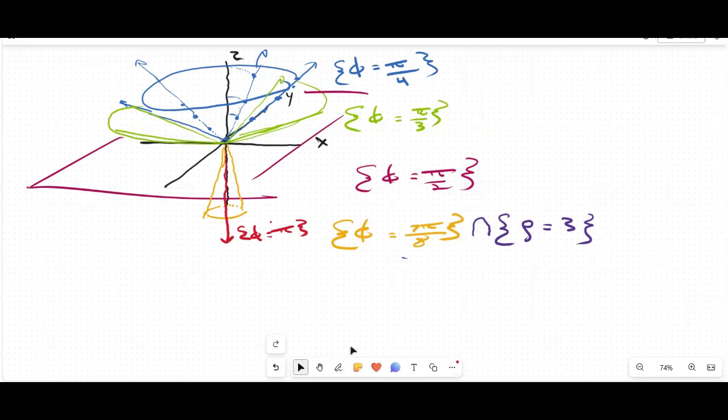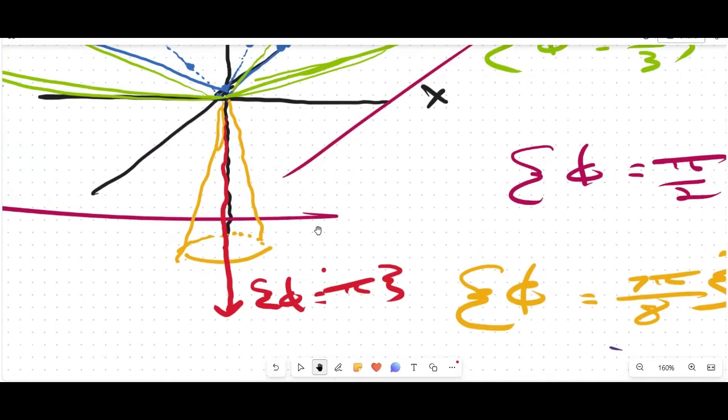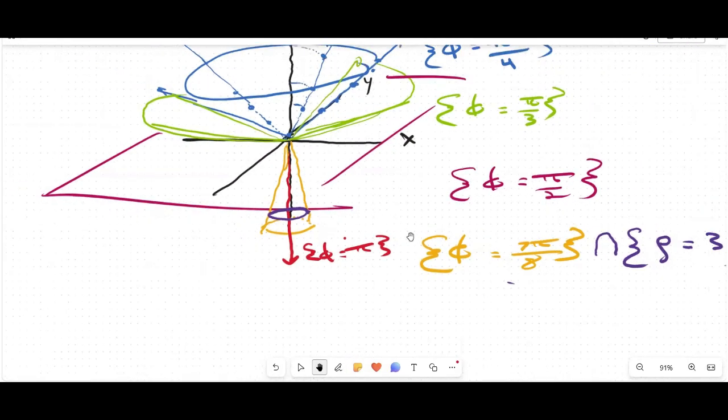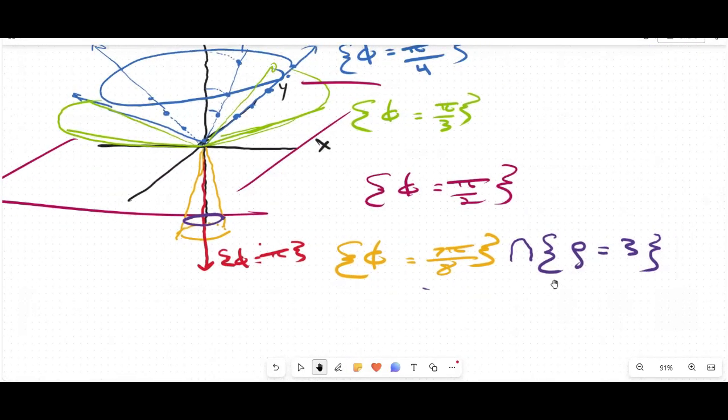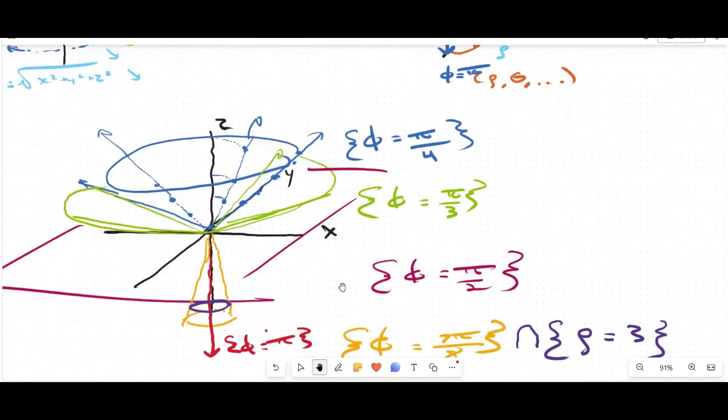But we also want to restrict that cone to only those points for which the distance to the origin is 3. So let's say, for instance, that point right there has a distance of 3 to the origin. There's a whole circle of such points. All the points I just drew right there in purple have a distance of 3 to the origin. So that ring is the set of points where phi equals 7 pi over 8 and rho equals 3.